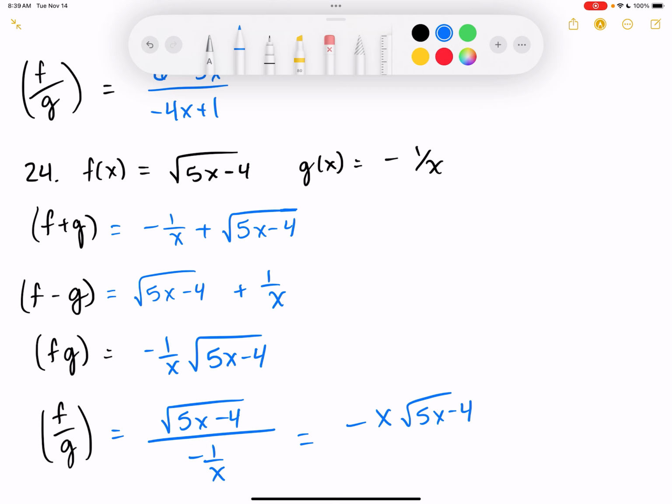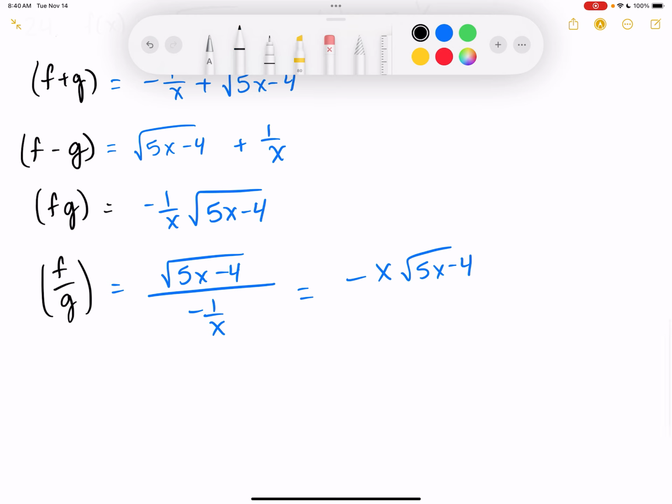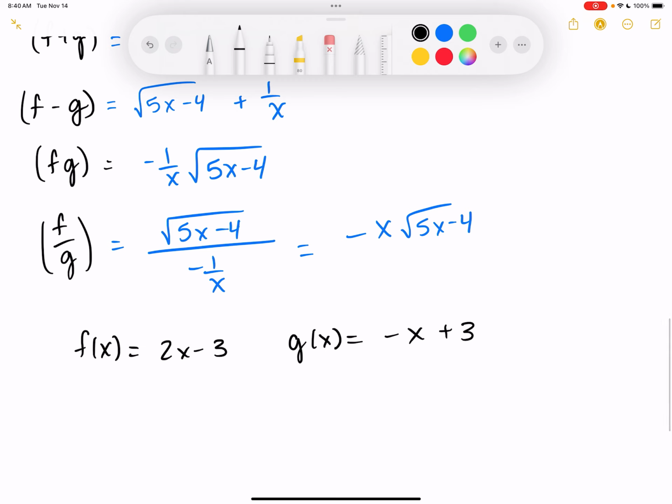All right, next ones. Let f of x be 2x minus 3 and g of x be negative x plus 3, and then it says to find each value, and so it gives us different things to solve with that. So 58 says f of g of 2.